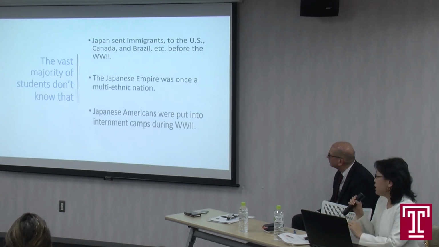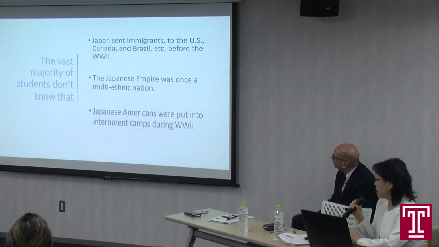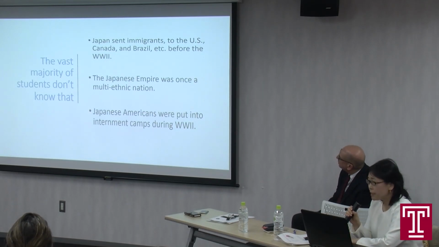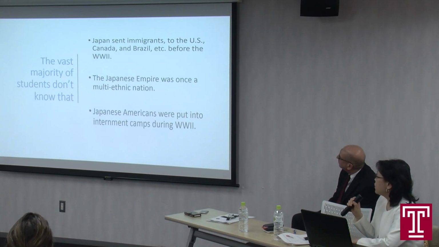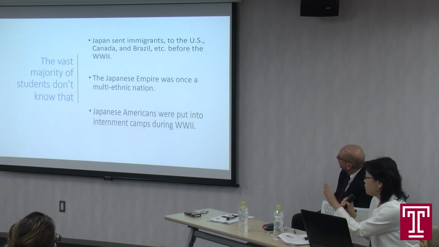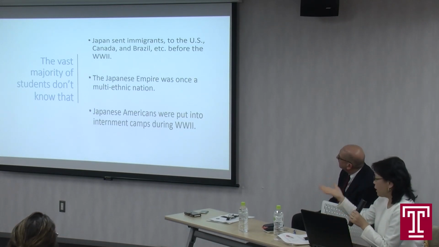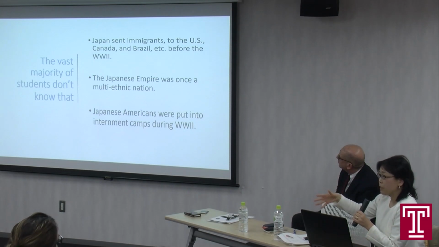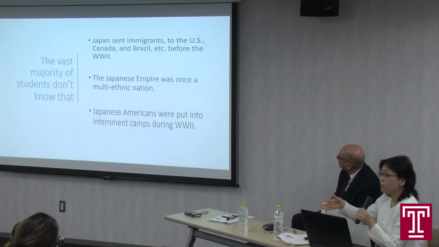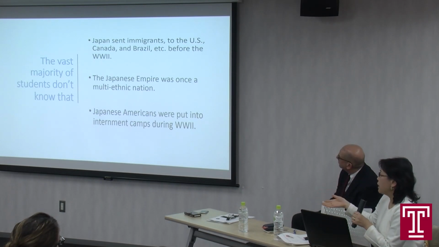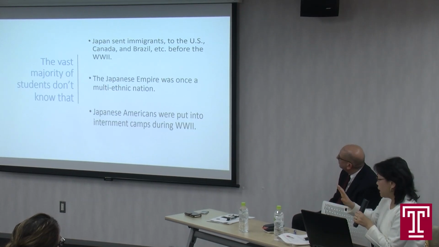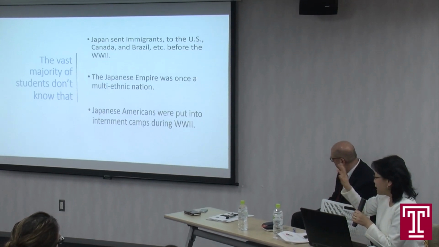Over the years that I have taught at TGU, I have noticed that the vast majority of the students don't know that Japan was once a nation that sent immigrants overseas, to Hawaii. This year marks the 150th anniversary of the Gannenmono, the first immigrants to Hawaii in the first Meiji year.